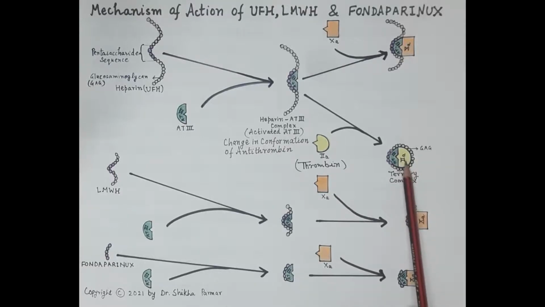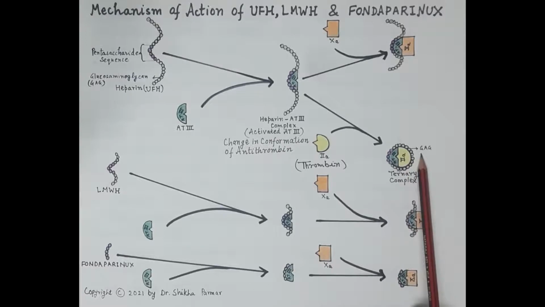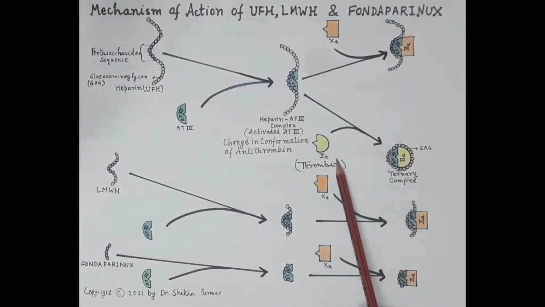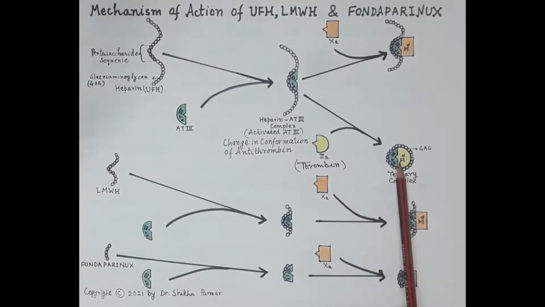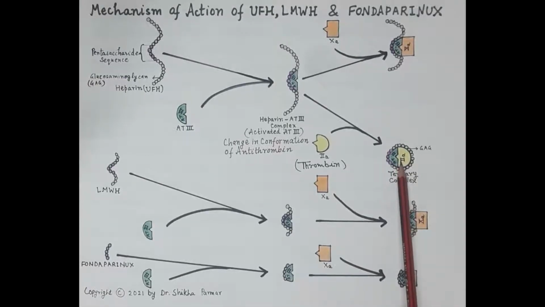So now the thrombin is in direct contact with the activated antithrombin 3 as well as with the glucosaminoglycan of the heparin, such that there is formation of a ternary complex. So formation of the ternary complex, that is the complex between antithrombin 3, thrombin and glucosaminoglycan of heparin, is essential for the inactivation of thrombin. That means thrombin is inhibited only when it comes in contact with the heparin as well as with the antithrombin 3.